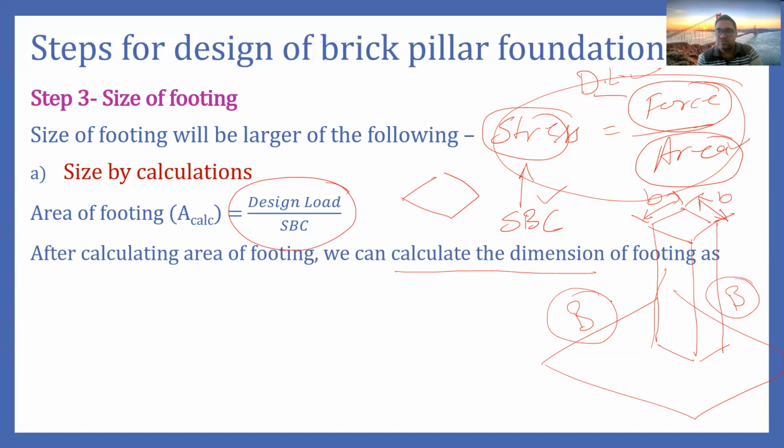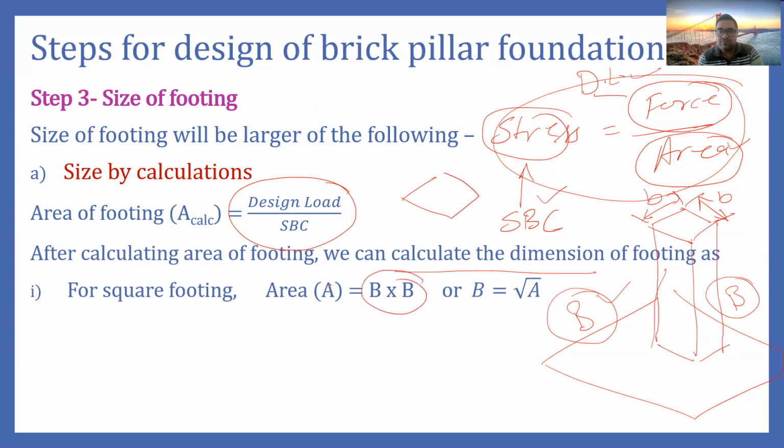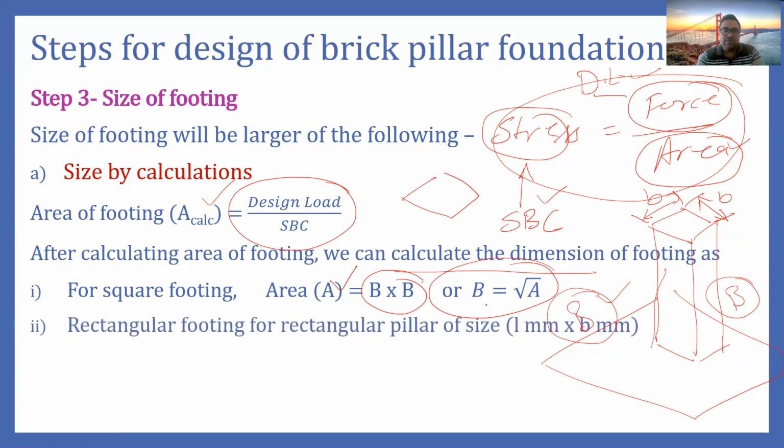We can easily calculate this B value if we know the area in case of square footing. So area is equal to B into B, and if we already know the area, we can calculate the side B as under root A.